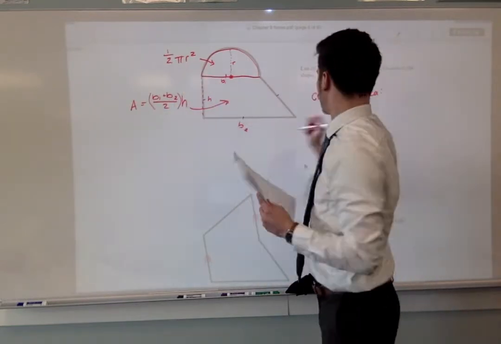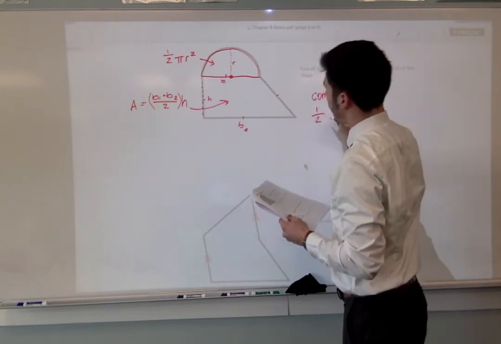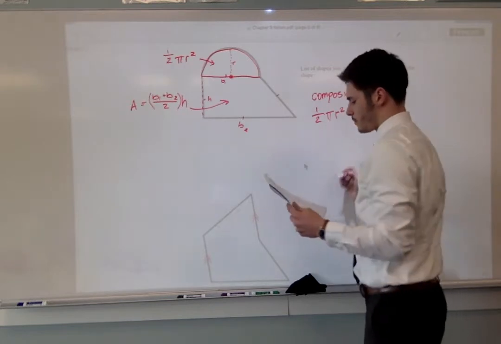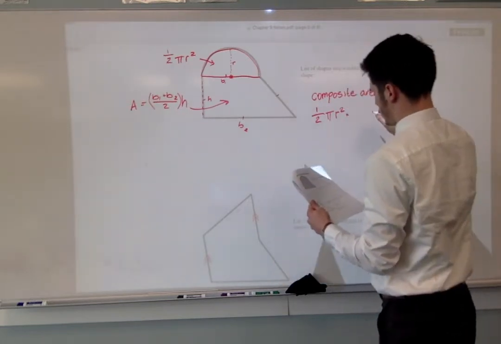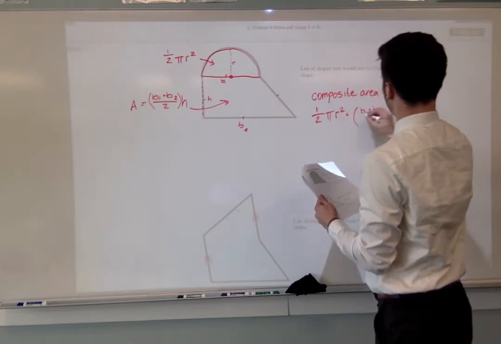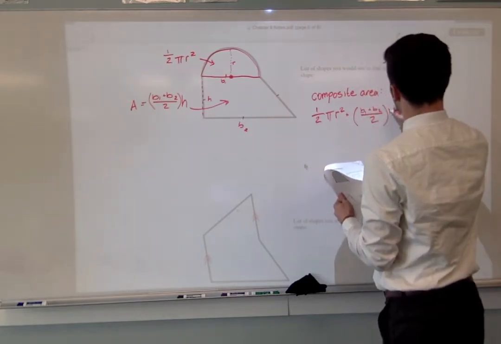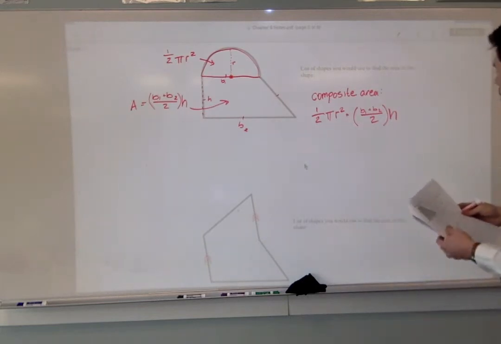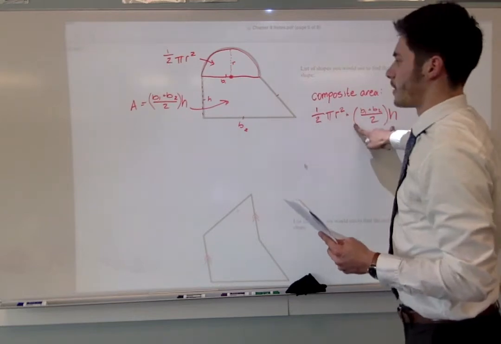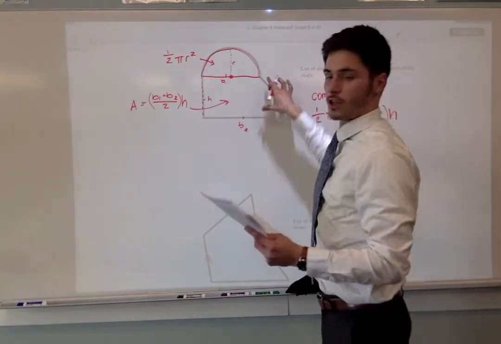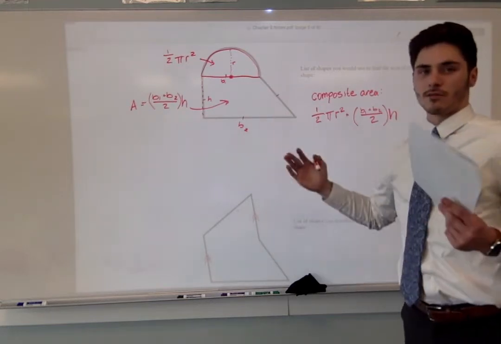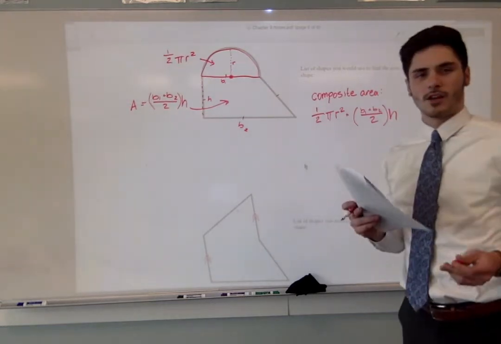So we're going to take this 1/2 pi r squared plus b1 plus b2 all over 2 times h. And since we have the area of the semicircle plus the area of the trapezoid, and that's what this shape consists of, this is going to represent the area of this entire composite figure. So that's what finding the composite area is.